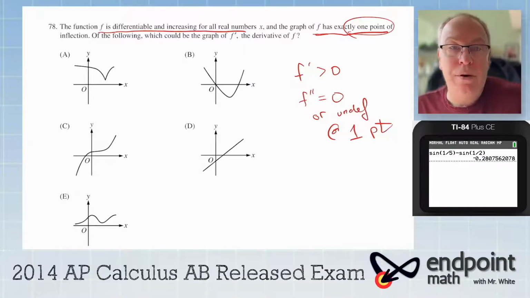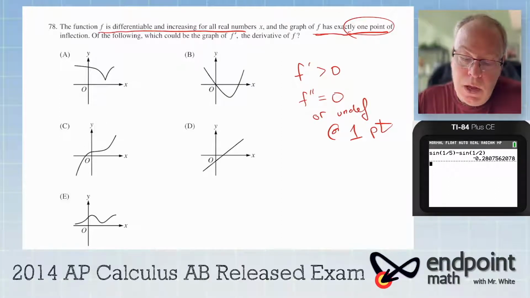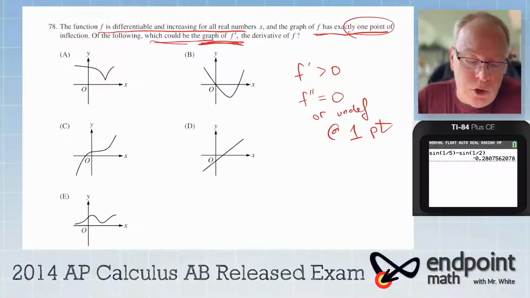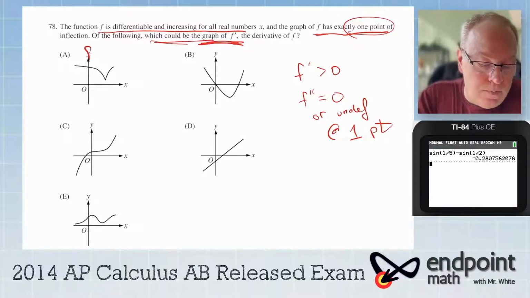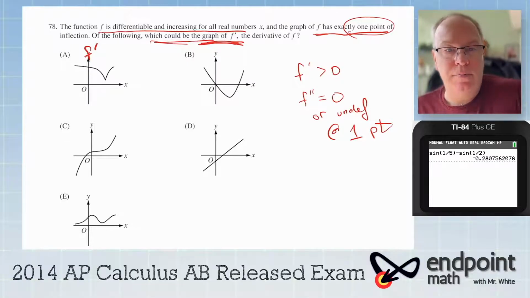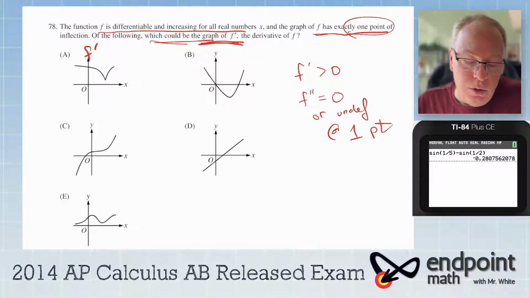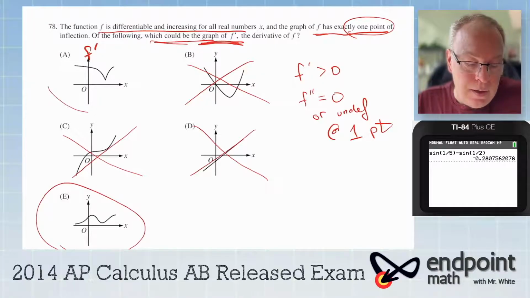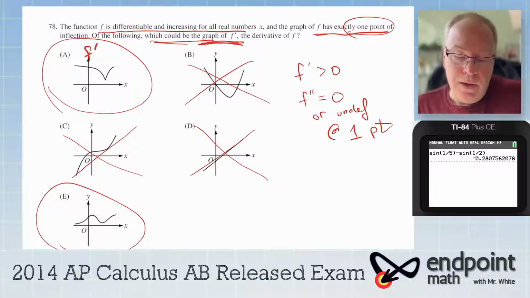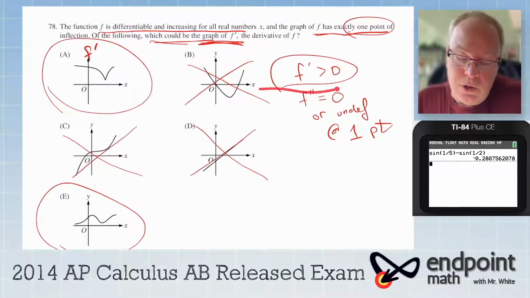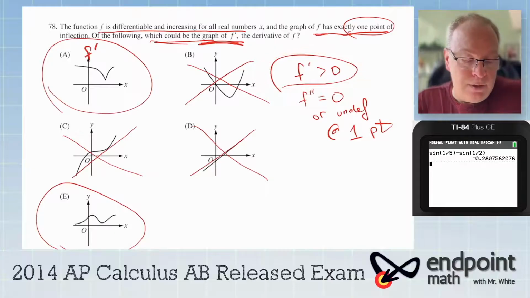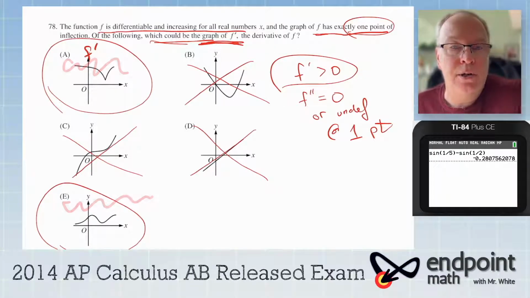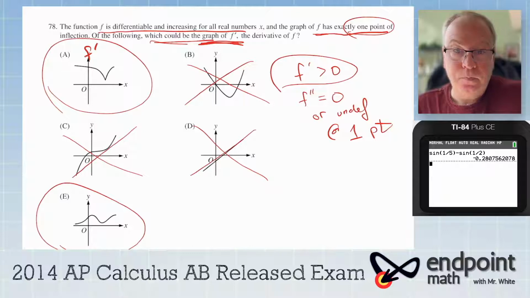Now, we can rule out 3 of these graphs already. Which 3 can we rule out? Well, since they are asking which of the following could be f prime, these are all f prime graphs. There's only 2 that are completely above the x-axis the whole time. That has to do with this guy right here. So it says the first derivative is positive, so we're looking for graphs that are in quadrants 1 and 2 only.